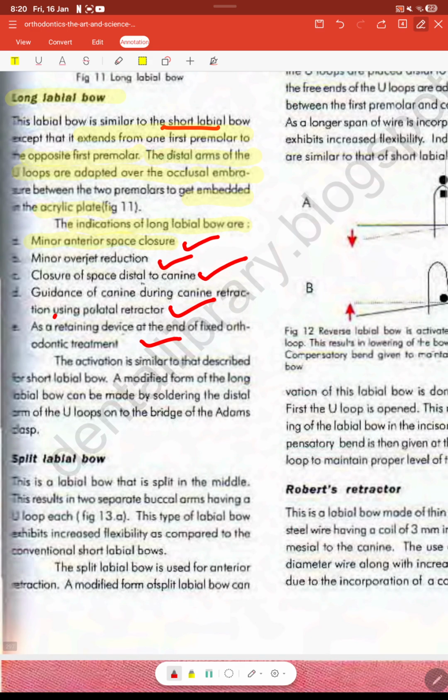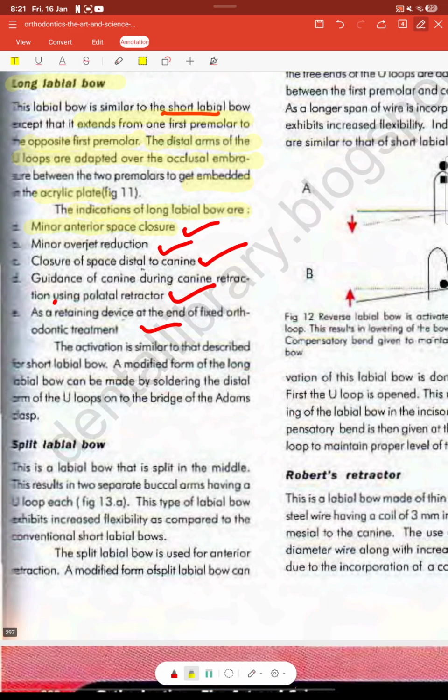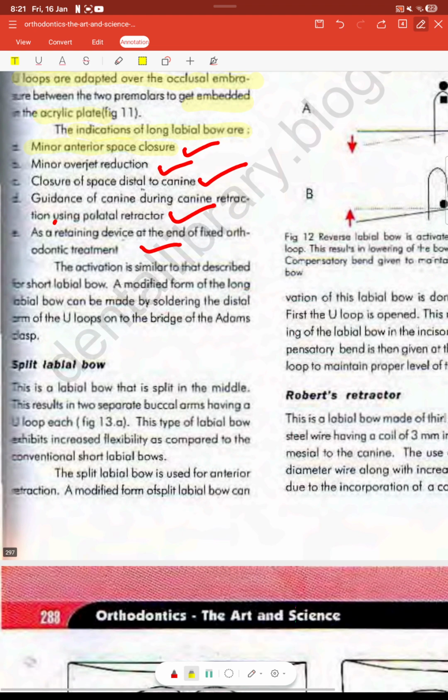Activation is similar to that of the short labial bow. Again, you press the U loops; 1 mm displacement of the retentive arms is the activation of the long labial bow as well. Uses include minor space closure, overjet reduction, and closure of space distal to the canine.